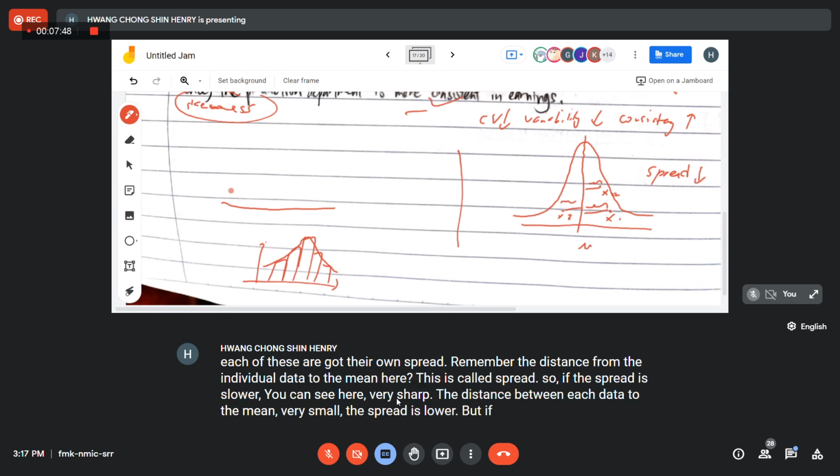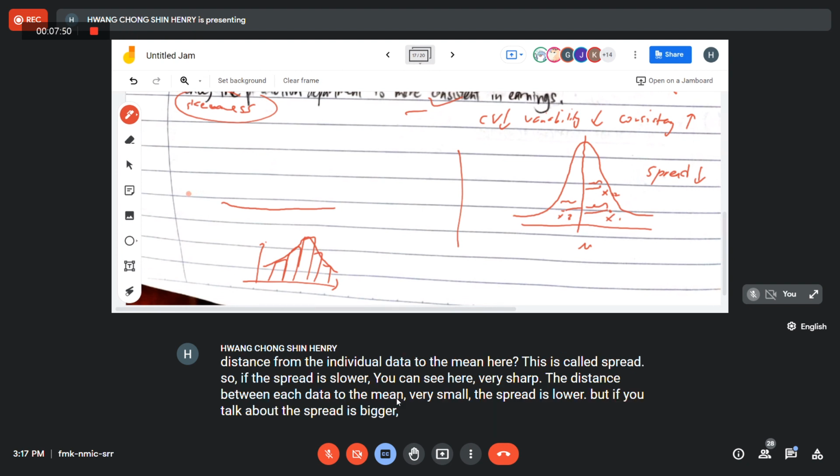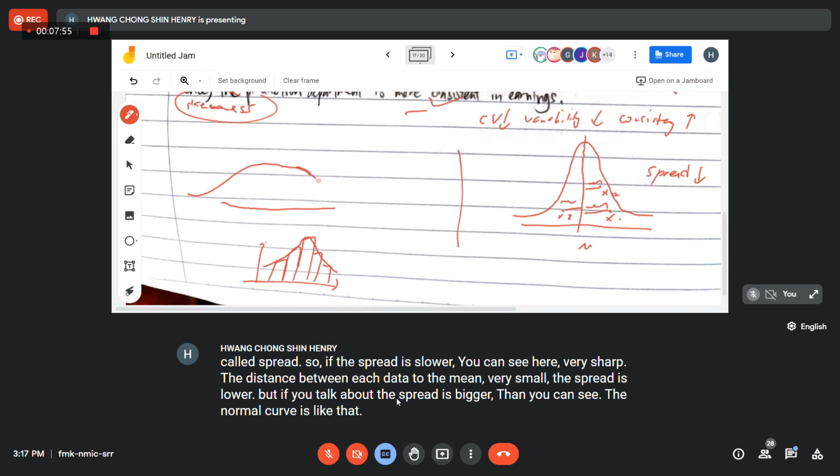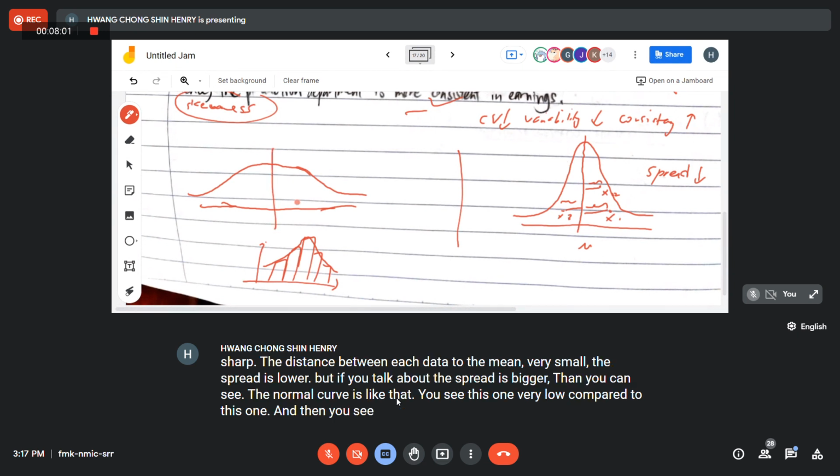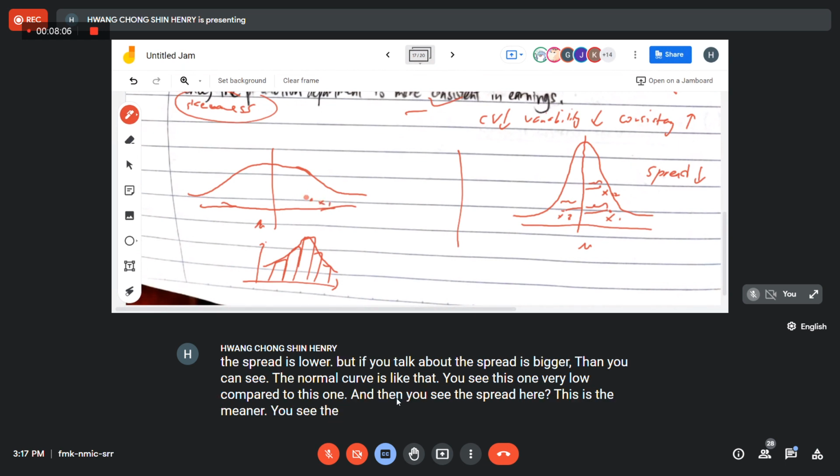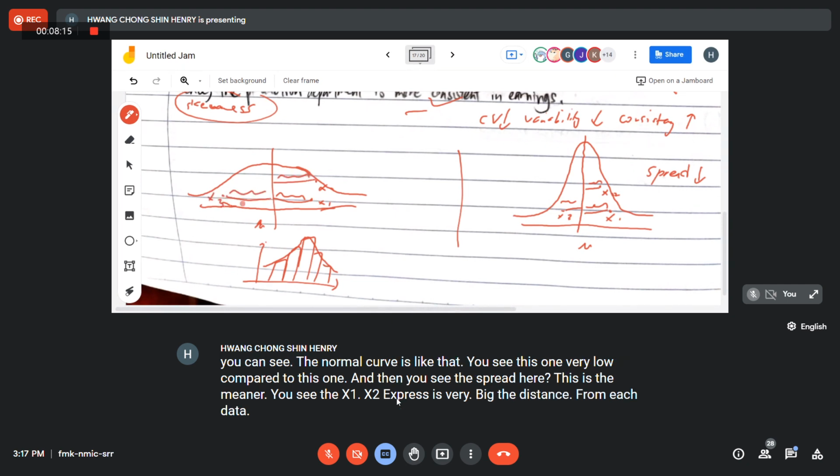But if the spread is bigger, then you can see the normal curve is like that. You see this one very low compared to this one. And then you see the spread here. This is the mean. You see the X1, X2, the spread is very big. The distance from each data to the mean is wider. You see the normal curve here?